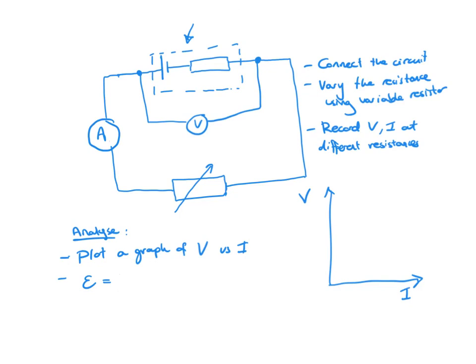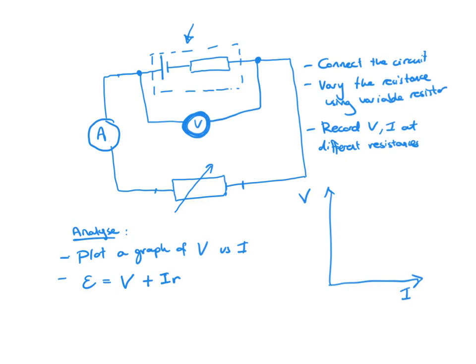So EMF is the terminal potential difference, which is recorded by the voltmeter across the terminals of the cell. Alternatively, we could have placed the voltmeter across the variable resistor, which will give us the same values anyway, plus the current times the internal resistance. So this is the relationship that we know involves internal resistance.